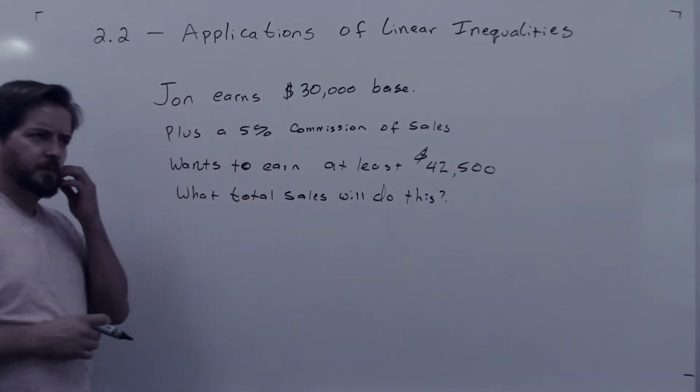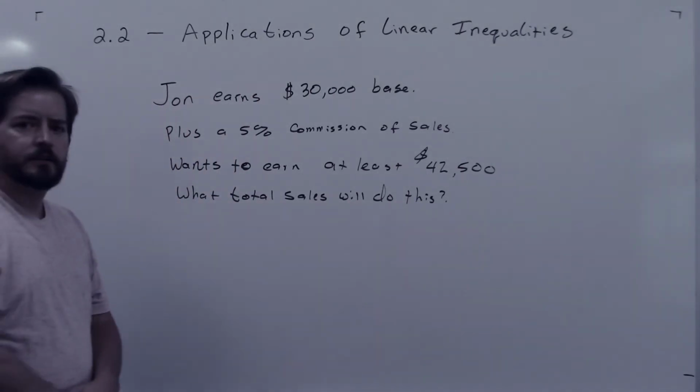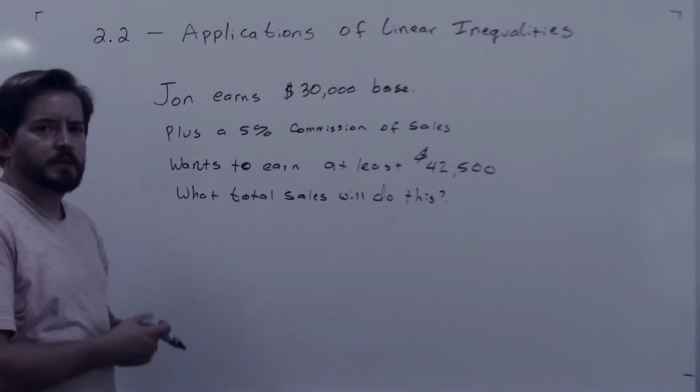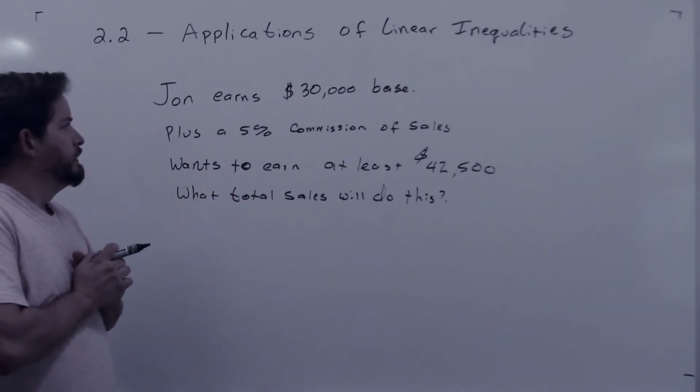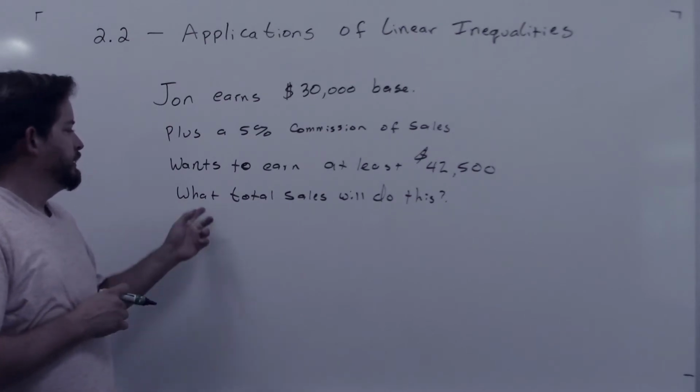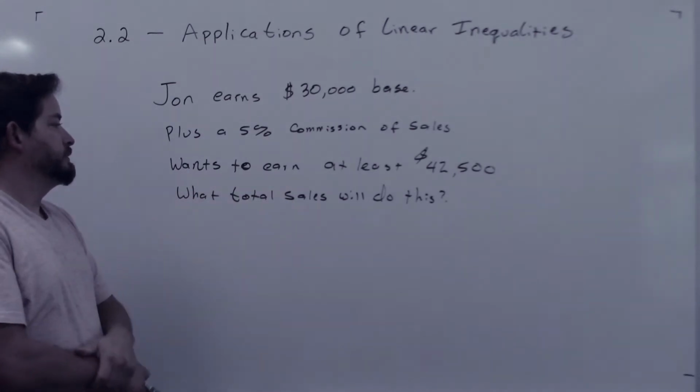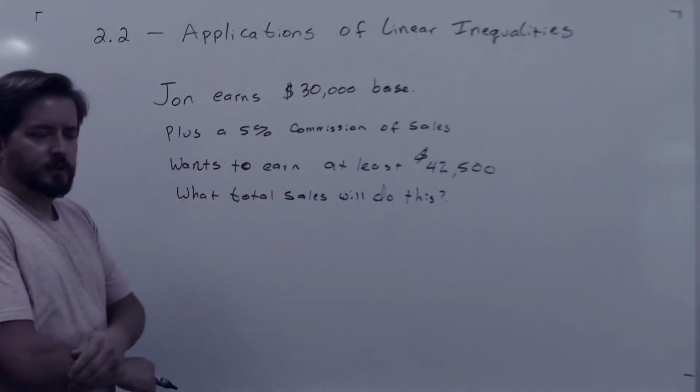So I've done step 1 and 2 together. I read through the problem, and while I read through it, I just wrote down the important stuff. The idea here is we need to figure out the amount of sales that will make John happy with his earnings of at least $42,500.